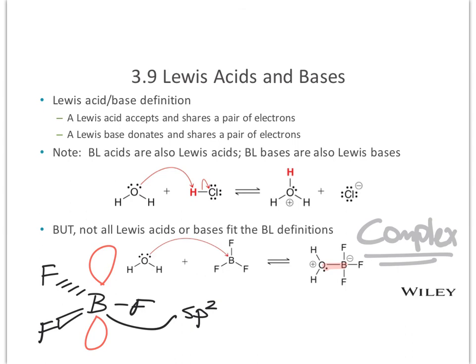And as you can see here, we're still considering the molecule to have a positive oxygen and a negative boron, right? So if we did our electron count here, we'd see that boron has 4 electrons around it. Boron is, of course, in group 3 of the periodic table, so it's anionic. Oxygen has 1, 2, 3, 4, 5 electrons around it, so it's going to carry a positive formal charge.